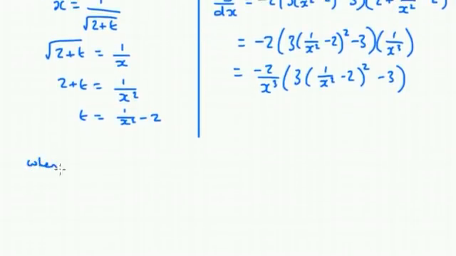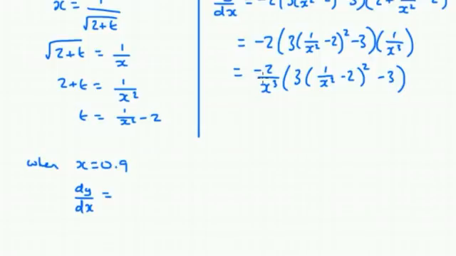So when x is 0.9, dy by dx is, I'm obviously going to do this on a calculator, so I'm going to use the last answer button. I'm going to type this into my calculator and press the answer button when I see an x.